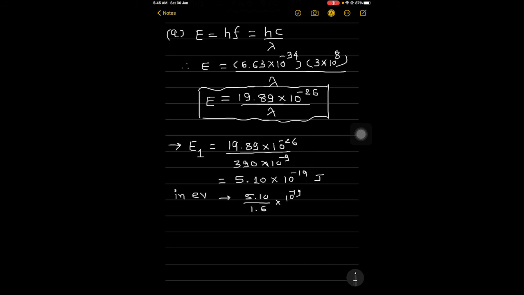Here 10 raised to minus 19 is common to both, so that will cancel out, and that will be about 3.19 eV. So it will be 3.19 electron volt for the violet end.